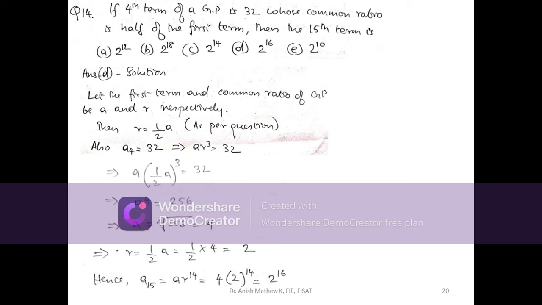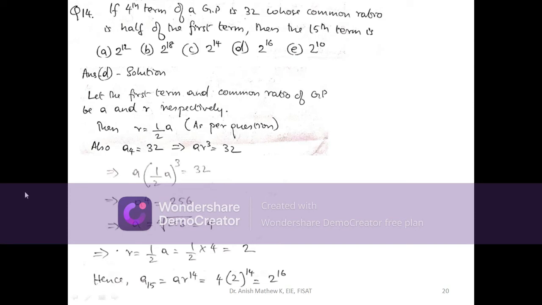Let's look at how we got this. You are given that the fourth term of the geometric progression is 32, that is a into r raised to 3 equals 32. The common ratio is half of the first term. If a is the first term and r is the common ratio, then r equals a by 2.